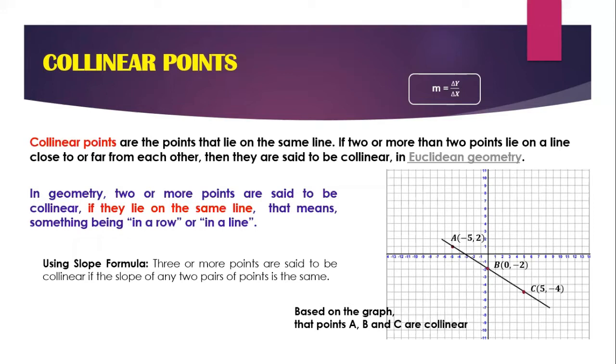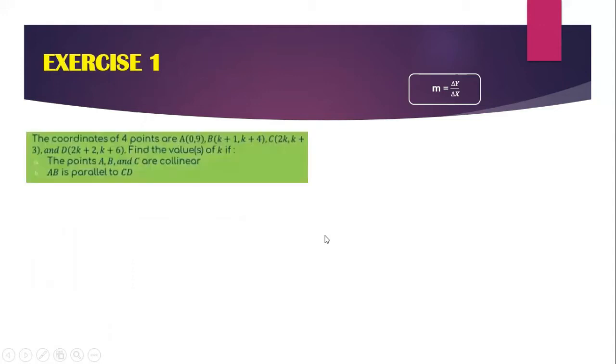Now we go to the question, to make sure all the material about collinear points is clear. This is exercise 1. The coordinates of 4 points are A (0, 9), B (k + 1, k + 4), C (2k, k + 3), and D (2k + 2, k + 6).